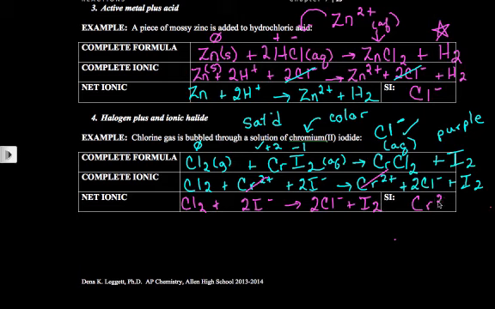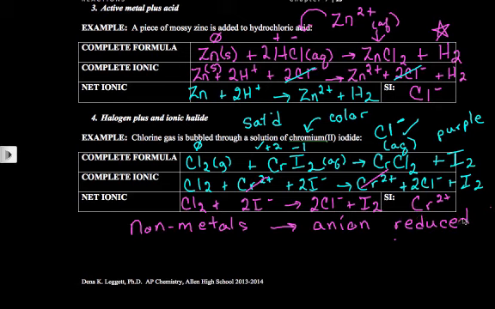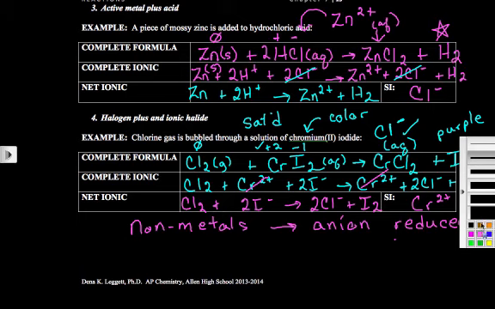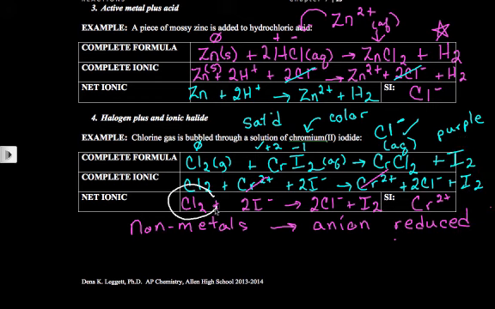And our chromium there. Now, remember, the more active a metal is, the more it wants to be a cation. For non-metals, non-metals want to become an anion. Non-metals in a situation like this want to be reduced. So since the chlorine preferred to be reduced above the iodine, that means that chlorine is more active than iodine.